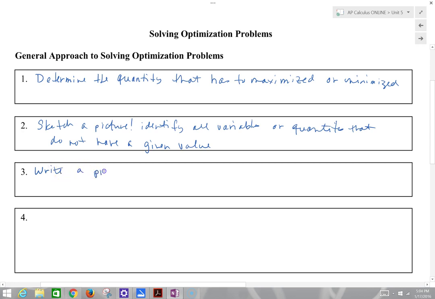Write a primary equation: area, volume, whatever it is. If you're trying to max or min, you're probably going to have an equation to go with it. So write a primary equation that represents the quantity to be optimized.